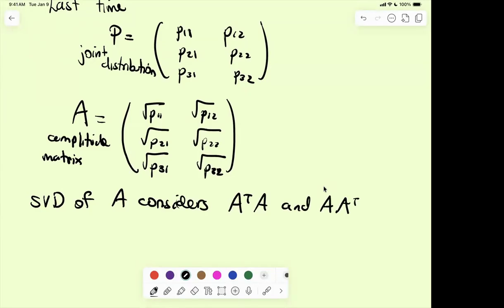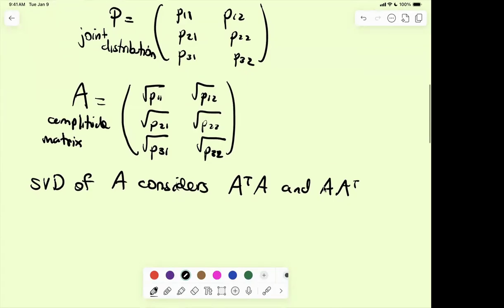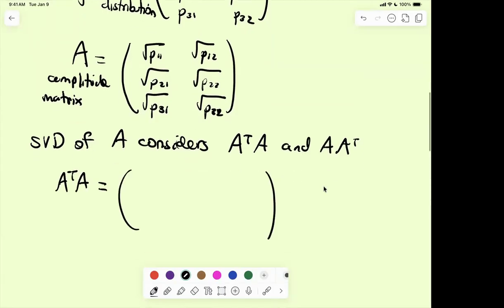I'm not going to repeat what happened there, but I think I had done it for A transpose A, and a similar formula works in the other case. Each of them is a square matrix, and the idea is that along the diagonal you could read off the marginal probabilities. That's the nice thing about doing it this way. So on the diagonal, you have the marginal probabilities.